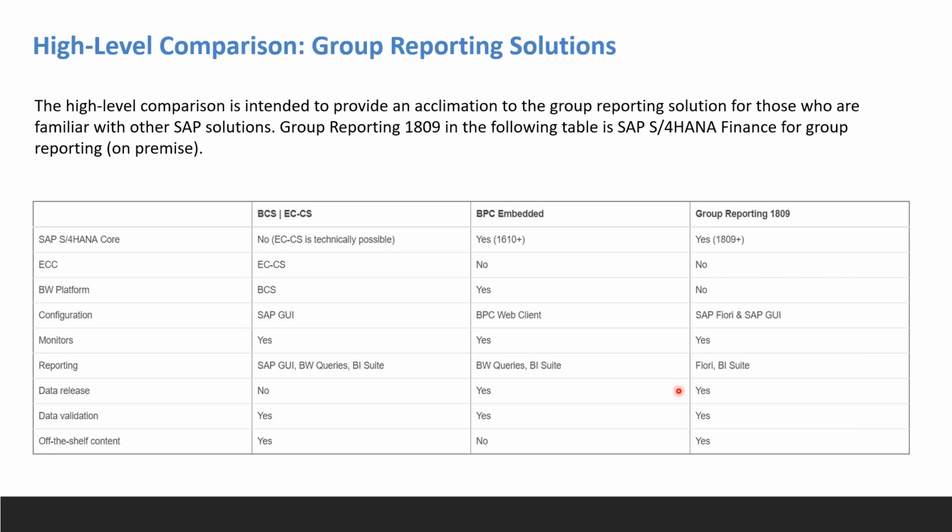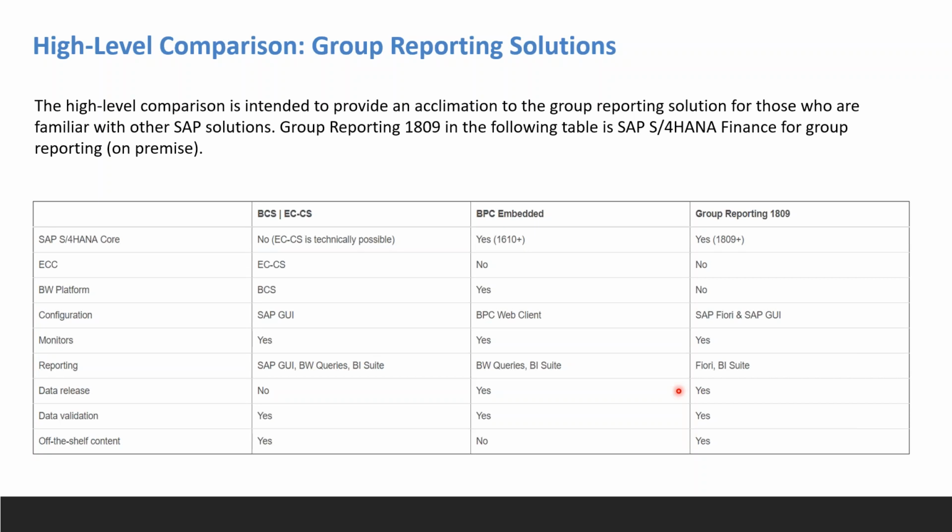Later on, SAP came up with different releases, improving the solution in 1909 and 2020, and keeps adding features based on the feedback from the customers, improvising the solution as well. Now 2021 is the latest on-premise release which we have.